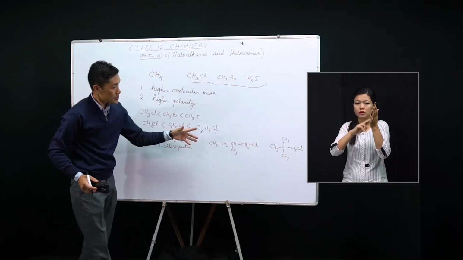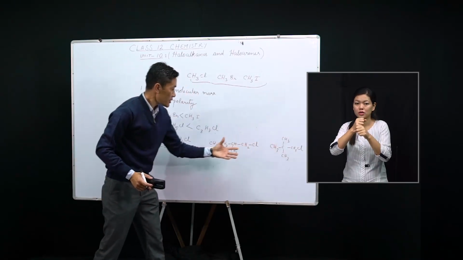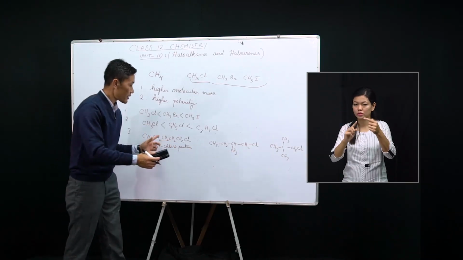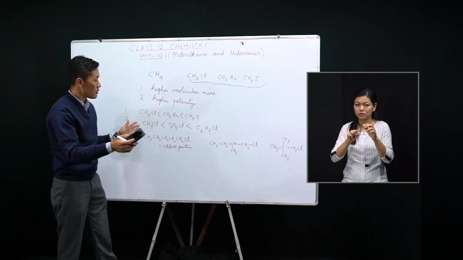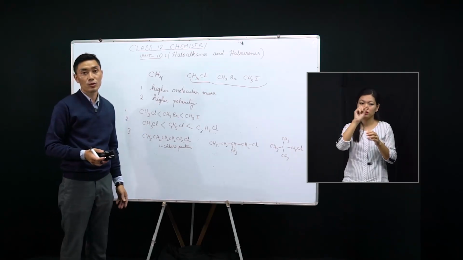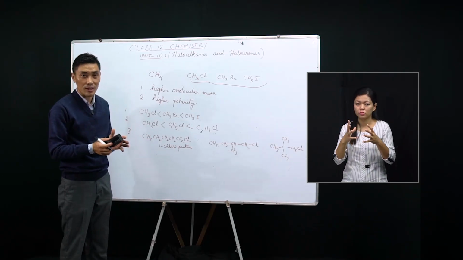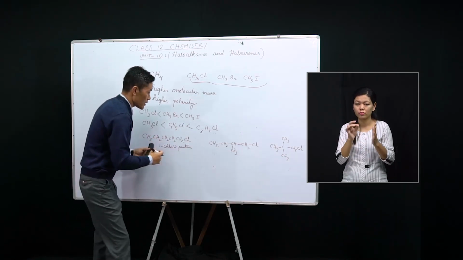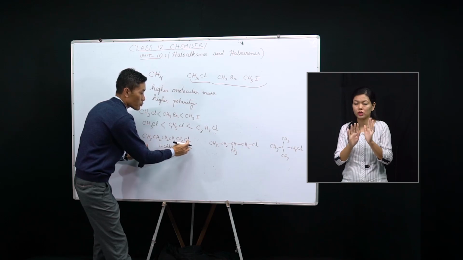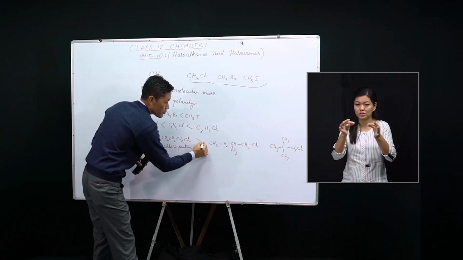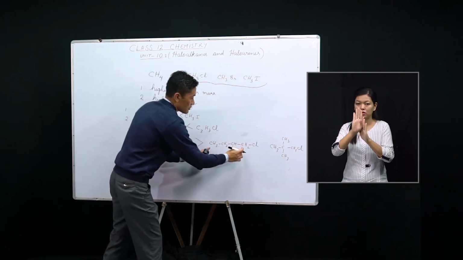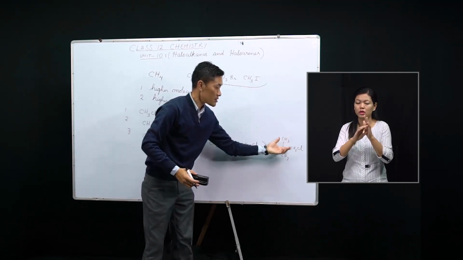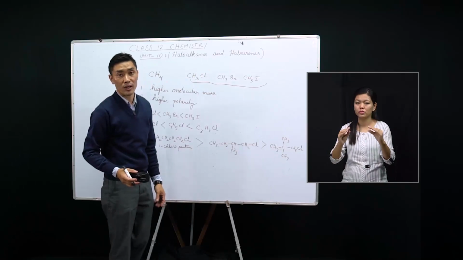Now when such branching takes place, the surface area of the molecule decreases, and when the surface area decreases, the magnitude of van der Waals forces of attraction decreases, and therefore the boiling point will decrease. So among these three, the one where there is no branching will have the highest boiling point, this will have the next, and the one where there is the most excessive branching will have the lowest boiling point.